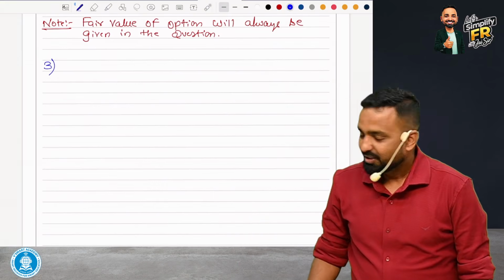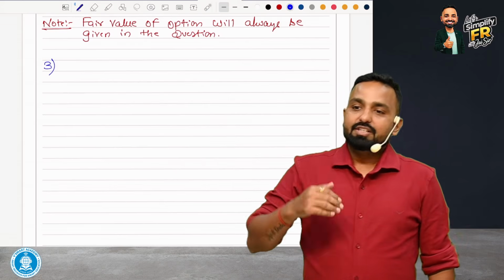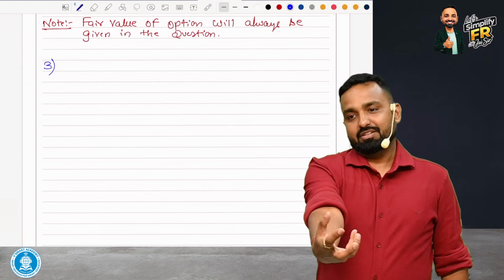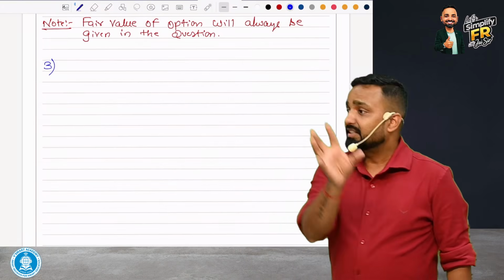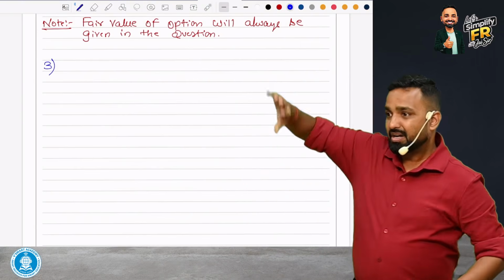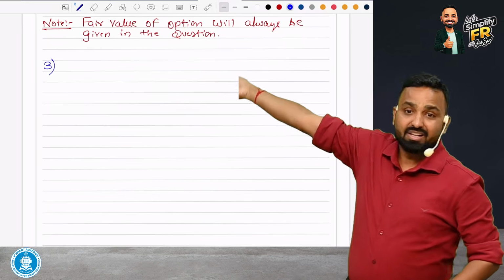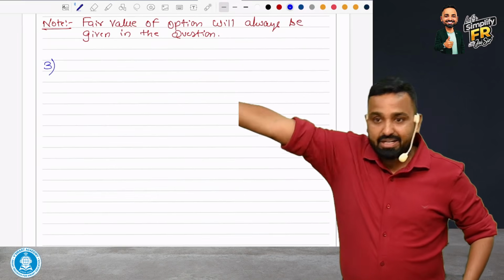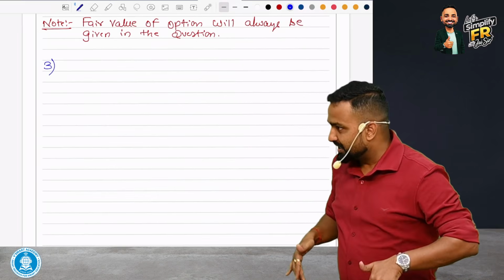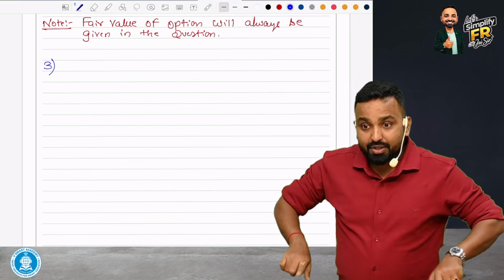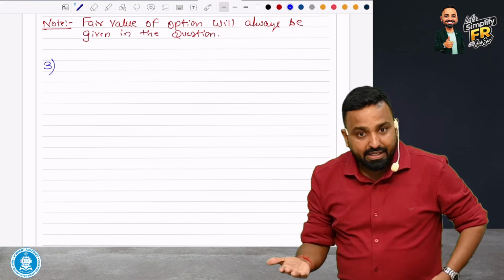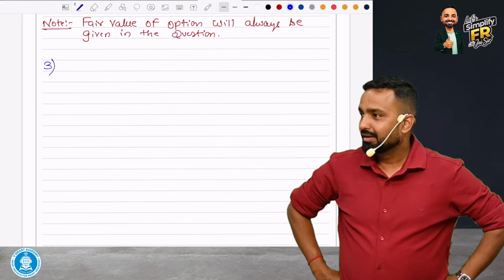Understood? Great. Now, this entire discussion came from another Ind AS, which we will discuss in very detailed form. Based on this discussion, now tell me, what is ESOP? Equity or liability?